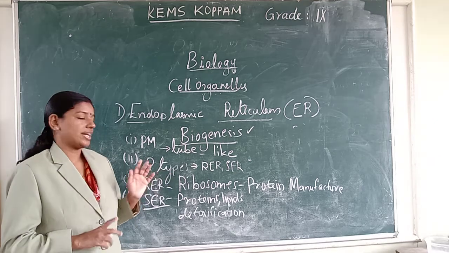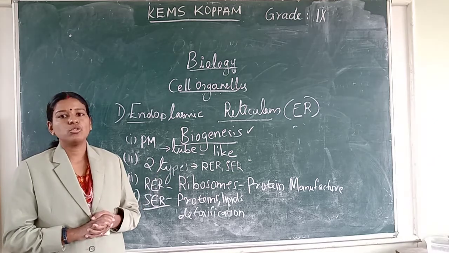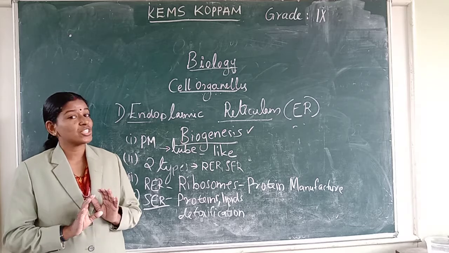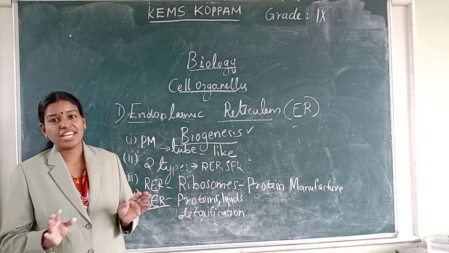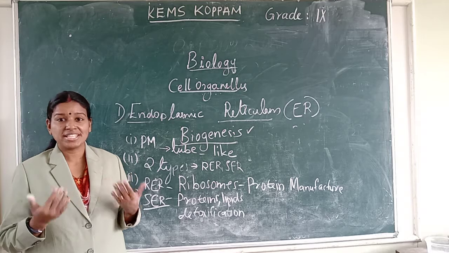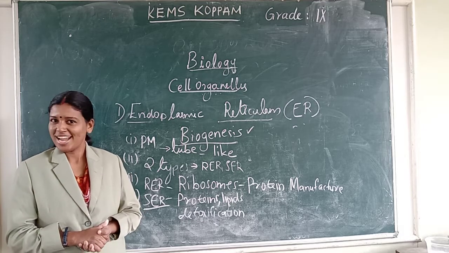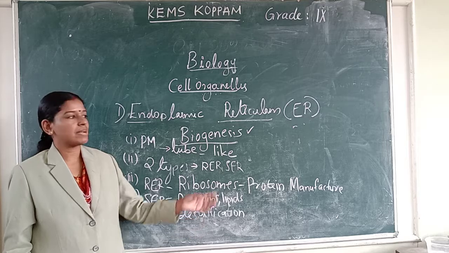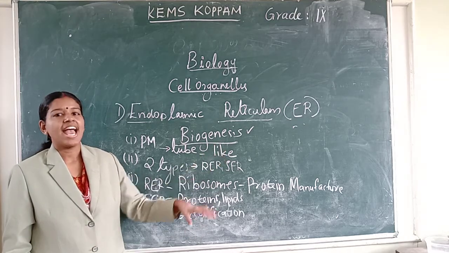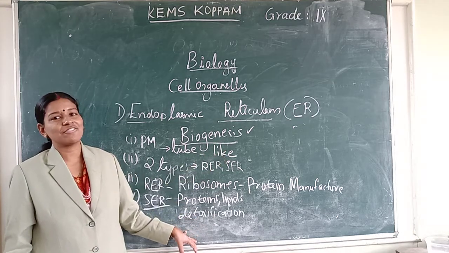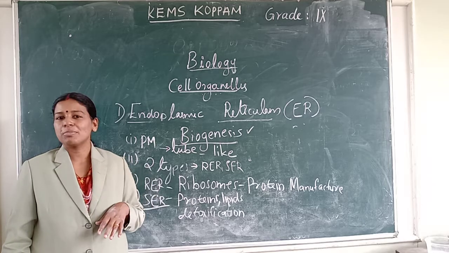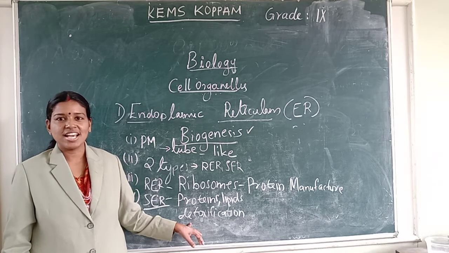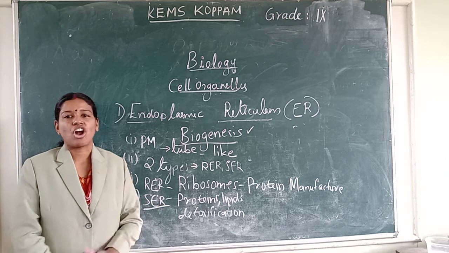Next, SER. Smooth endoplasmic reticulum has no granules on its surface, which makes it smooth. Understood? What is its function? Production of proteins as well as lipids, hence helping in biogenesis, as well as detoxification in the liver cells of vertebrates. This SER detoxifies the toxins.